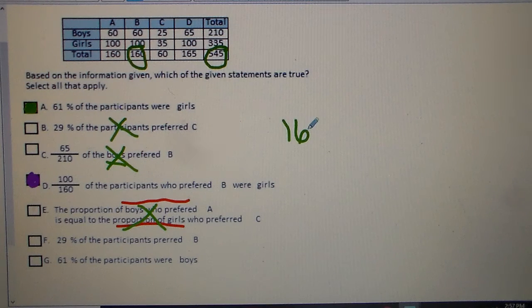So we do 160 divided by 545, and we get 29.35%. So it'll be 29%, which is correct. So we're going to bubble in F.